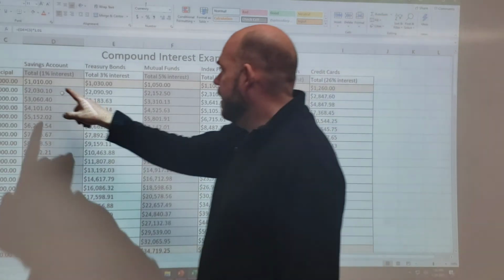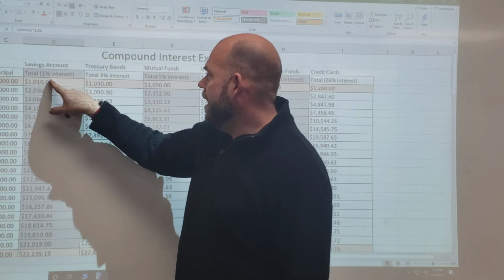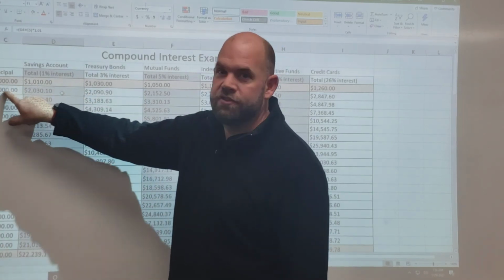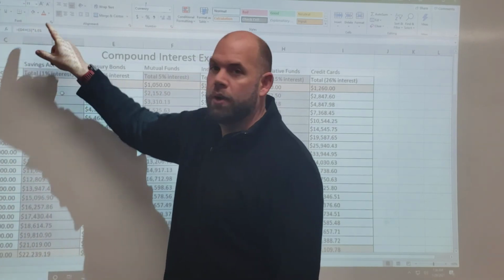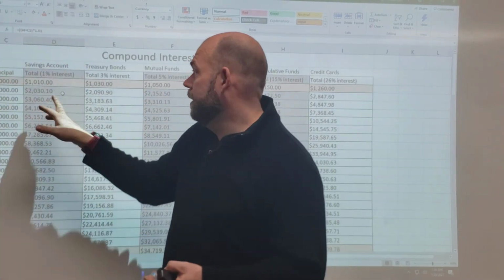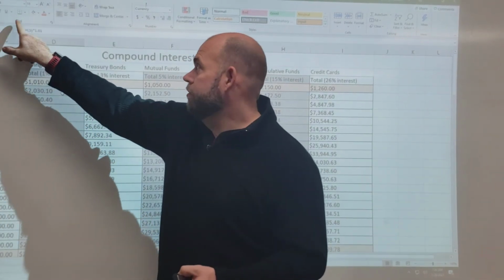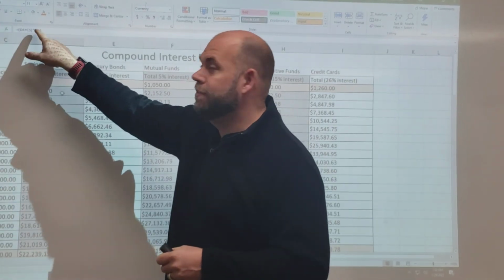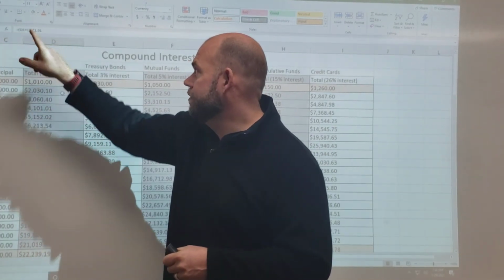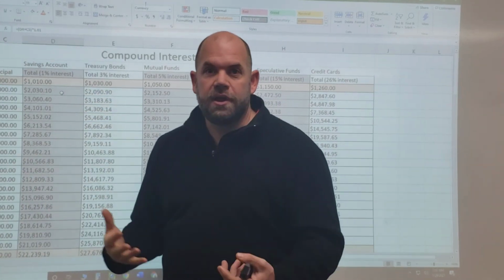So the way I do that is I take my D4, this amount, I add it to the new principal amount, $1,000, and then I multiply both of those by 0.101. Now remember, when we're multiplying multiple things or adding things and then multiplying, we want to make sure that we have parentheses so that those things add first and then it multiplies the total amount. So that's why it's parentheses around those things. Then you can just take that and I dragged that down and that created all my values.